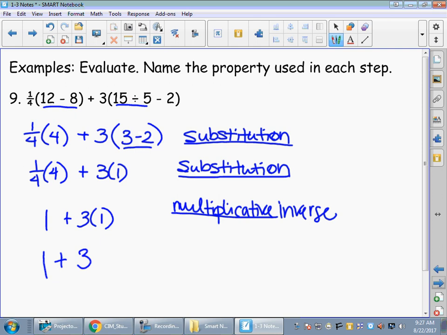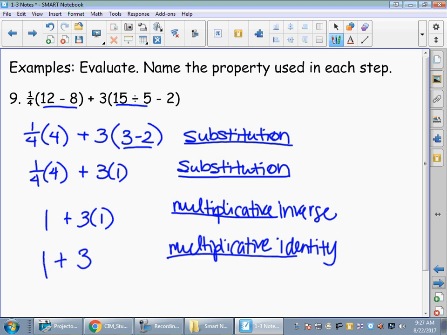If you get a 1 or a 0 as an answer, or you see 1s and 0s in the problem, you probably could use an additive or multiplicative identity or inverse. When I multiply 3 times 1, I get itself. That is the multiplicative identity. The rule that tells me I can multiply by 1 and I'll get the same number is the multiplicative identity.